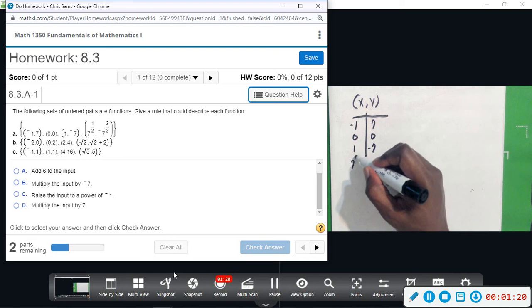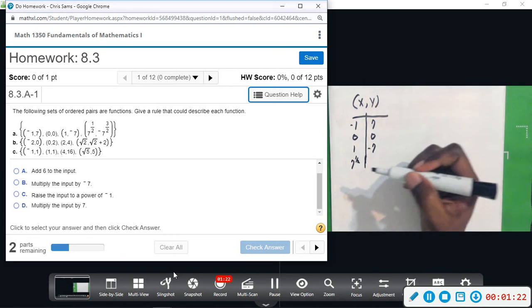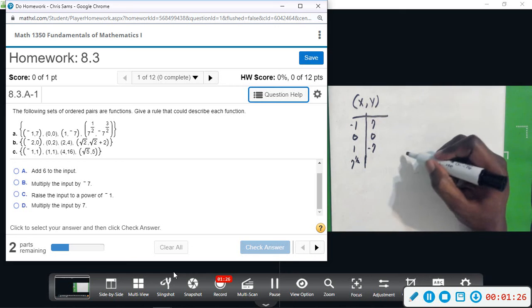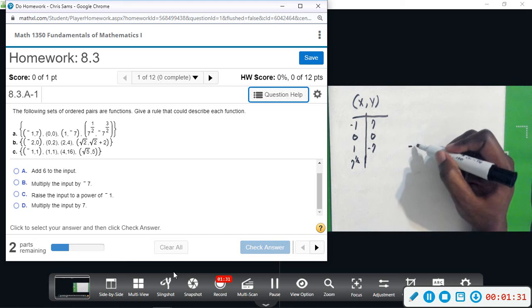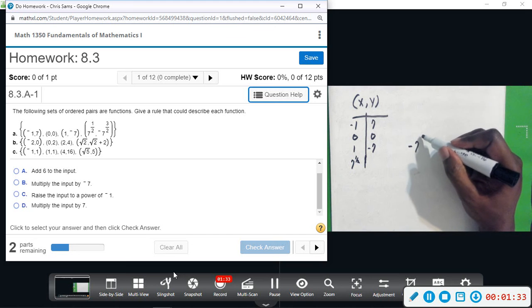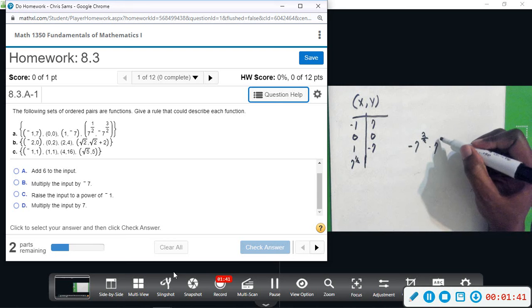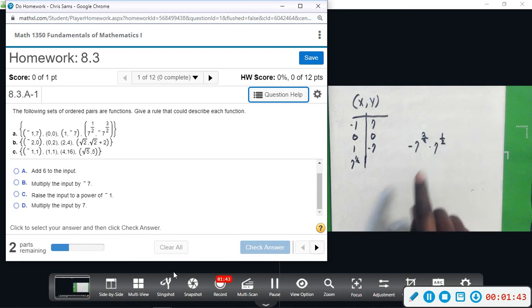Even the last one would match, the 7 to the 1/2 power. Okay, if we multiplied by a -7, this is what that would look like. We'd have a -7, and we'll call this 2 to the 2. I'm doing that so we can have the same exponent. So we have 1/2. Alright, so 2 over 2 is the same thing as 1.